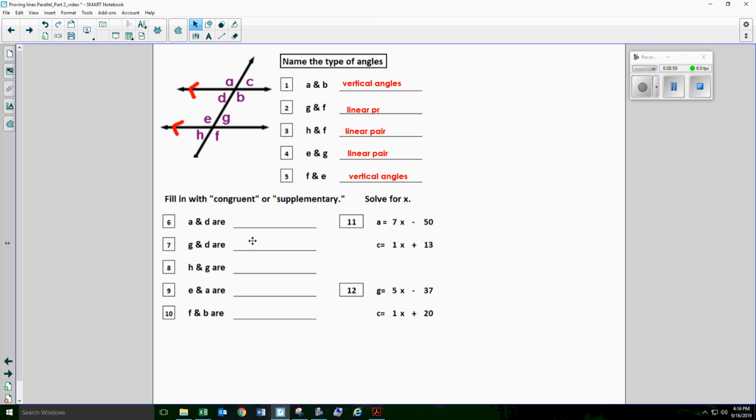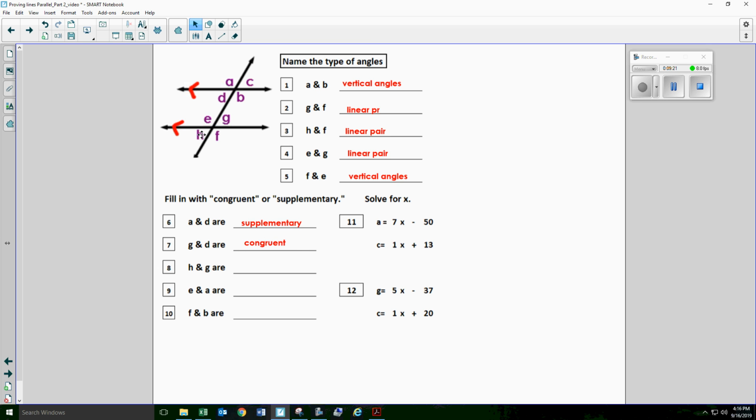Okay, let's fill in this down here, whether they are congruent or supplementary. A and D form a linear pair, so they are supplementary. G and D are alternate interior angles, so we know alternate interior angles are congruent.